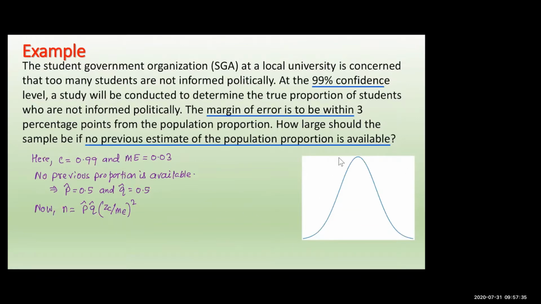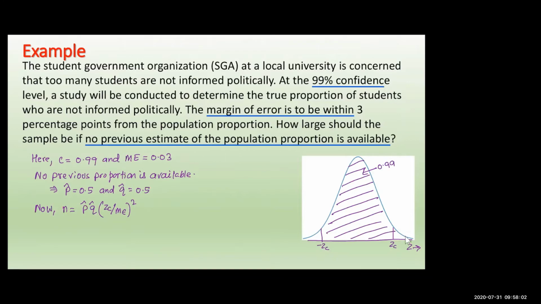Along the x-axis, you have the Z score. In the middle, you have 99% area, which is 0.99. We know that this is Z sub c and this is negative Z sub c.